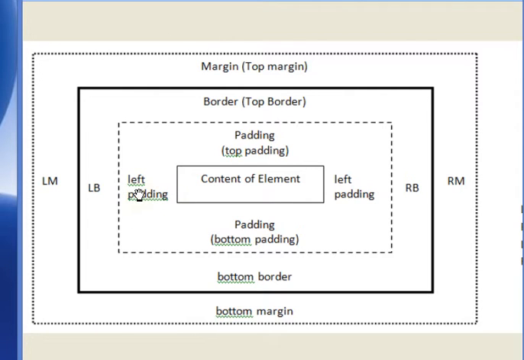Left padding can be used to increase or decrease the space between the content of an element, this content edge, and the border edge, right? So left padding, right? Similarly, bottom padding.